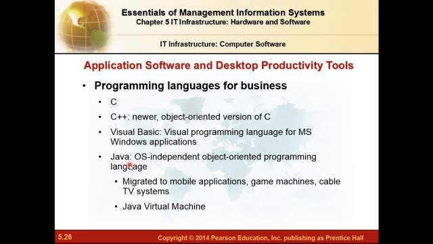And then the Java language, an operating system independent object-oriented programming language. Java can be migrated to mobile applications, game machines, cable TV systems, meaning the language itself can be used to program small applications. Java also has the Java virtual machine.